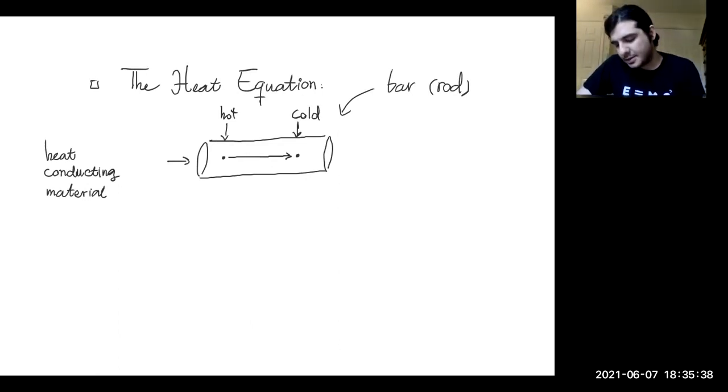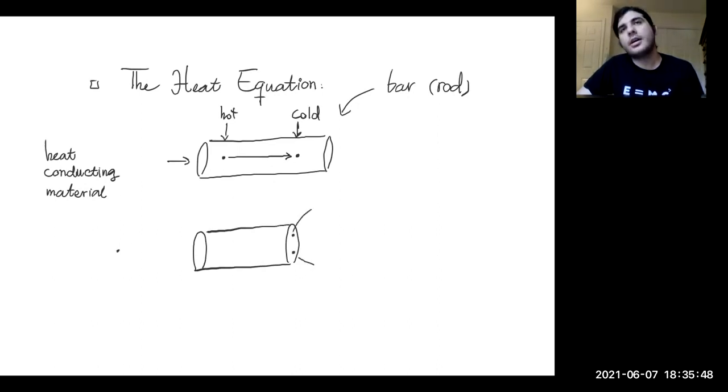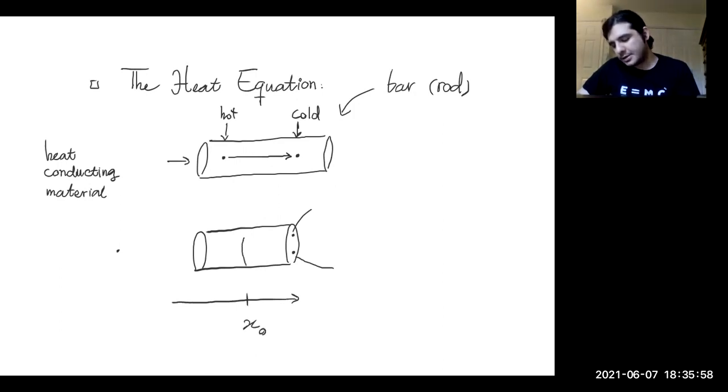There are some simplifying assumptions here. For example, if you look at the cross section of this thing, we would assume the temperature at different points in the same cross section are equal. So at each cross section, if I show this axis with x, at each point x naught, the cross section has some specific temperature.